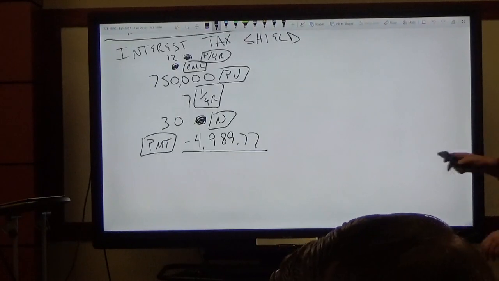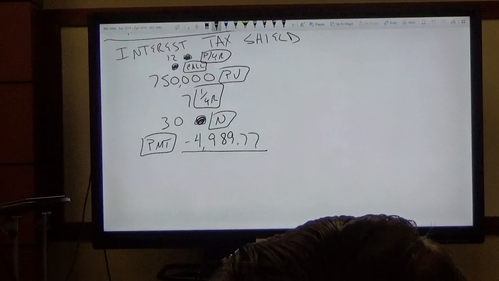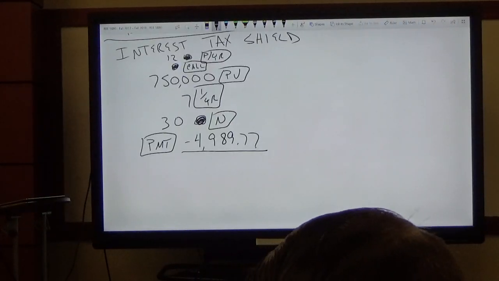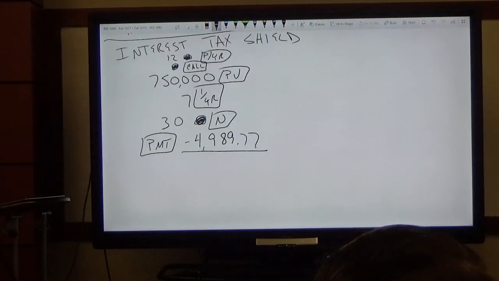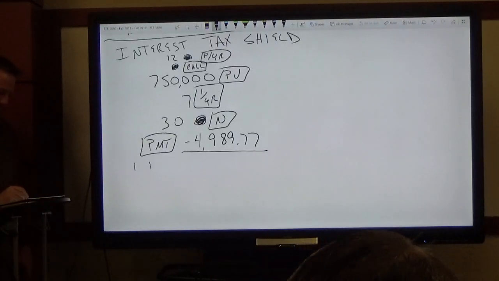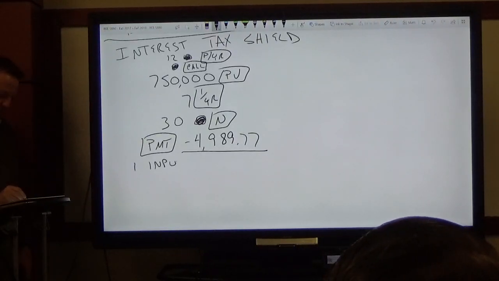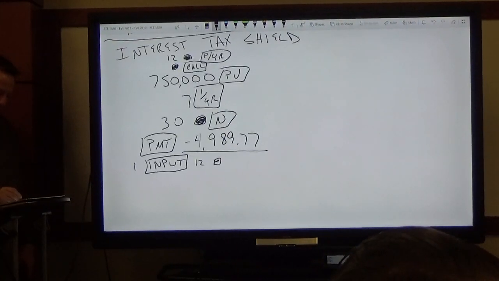So once we've got the payment, if we were looking for the first year's interest expense, what would we do? 1 amort 1. Oh, first year, 1 amort 12. It's still early. Well, it's not 1 amort 12, it's actually 1 input 12. Okay, guys, don't listen to me this way.